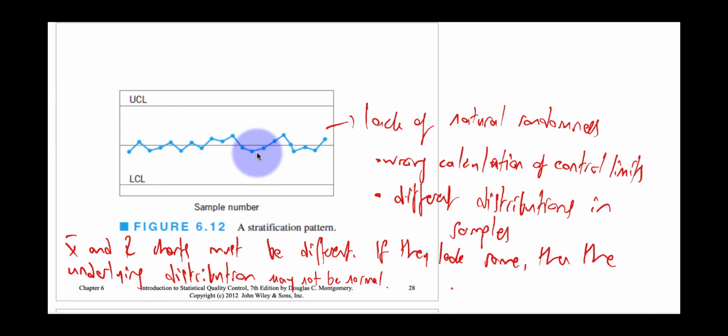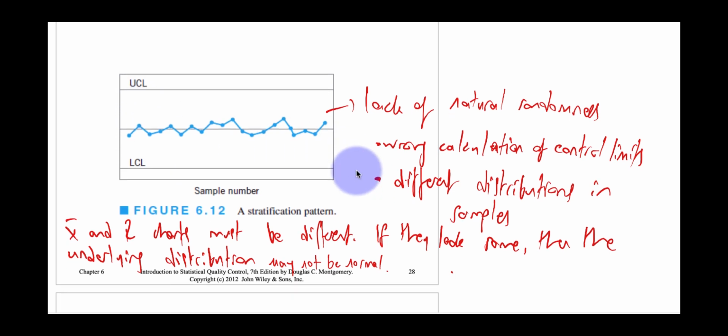One of the reasons we can have a stratification pattern is the lack of natural randomness, or it can be a wrong calculation of control limits. Maybe these are calculated wrongly, or the samples are coming from different distributions. It can happen, all right? So this is another reason for seeing a stratification pattern.